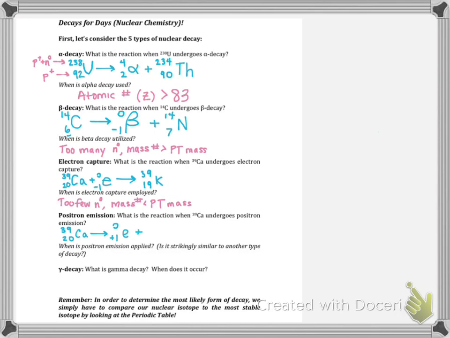And then I can figure out what my product is by keeping the masses and the number of protons the same on both sides. So I'll still have a mass of 39. But now my number of protons for my new element is going to be 19. So 19 plus 1 will give me the 20 over here. And this new element is, again, potassium.